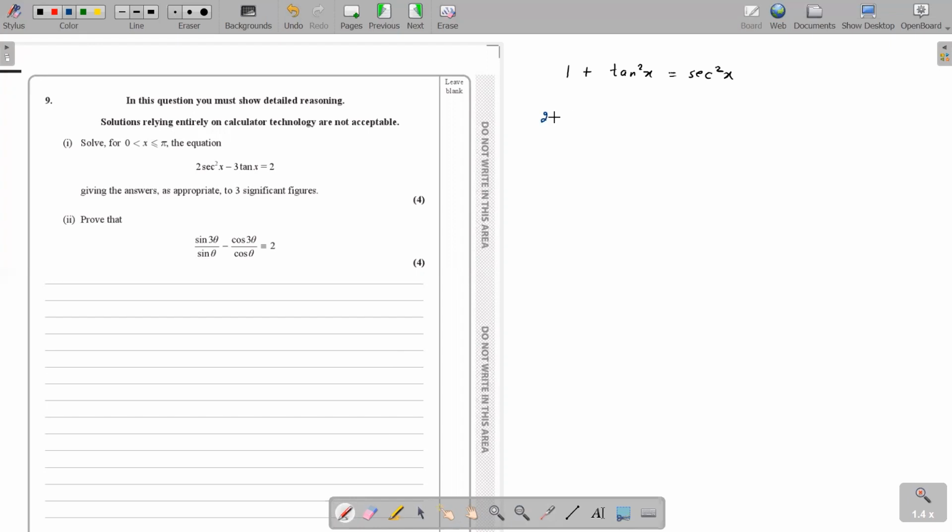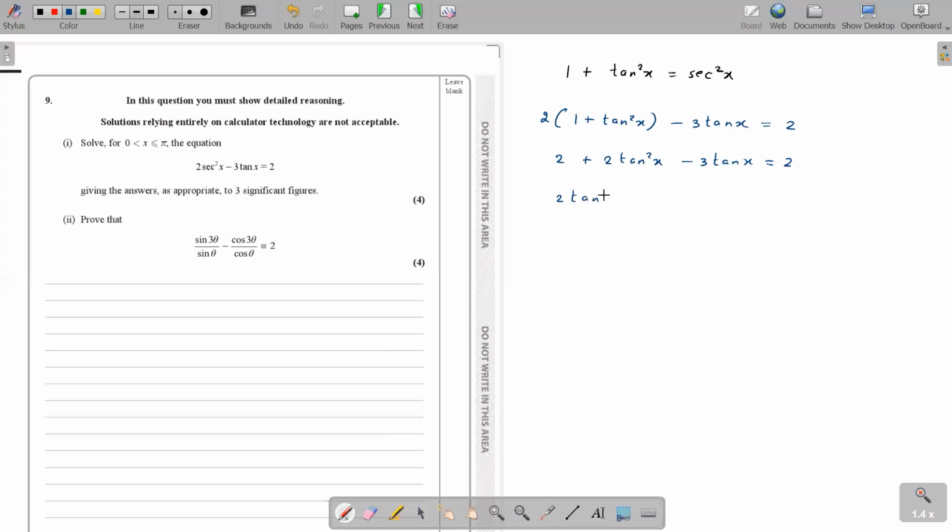So I get 2 times (1 plus tan square x) minus 3 tan x equals 2. Open the bracket. What do we get here? 2 into 1 is 2, plus 2 tan square x minus 3 tan x equals 2. So this is actually a quadratic equation in tan.